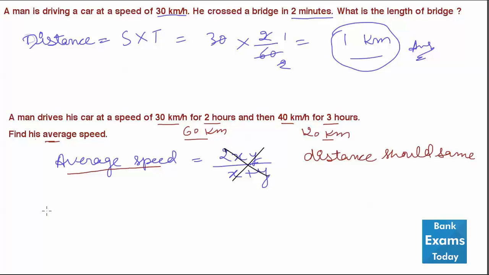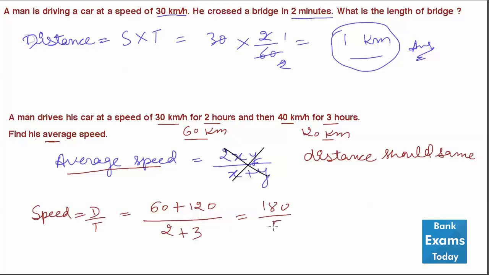So let's apply a simple formula, that is speed is equal to distance over time. So the distance is 60 kilometers and 120 kilometers, and the time taken is 2 hours plus 3 hours. So it becomes 180 over 5.